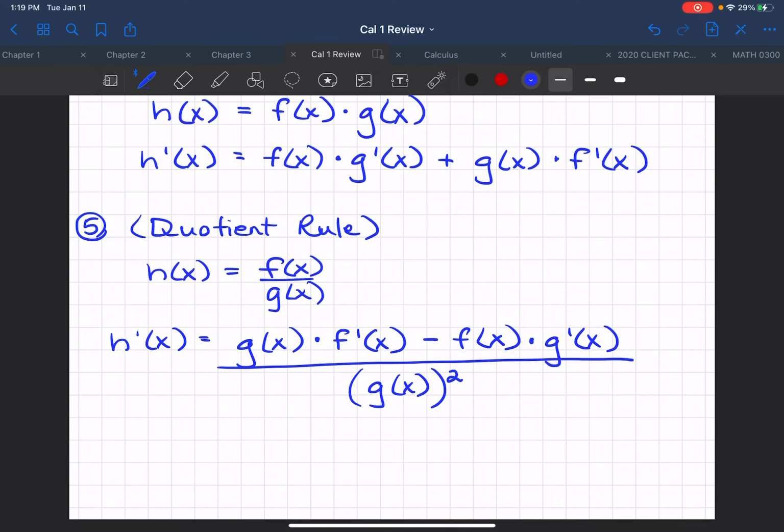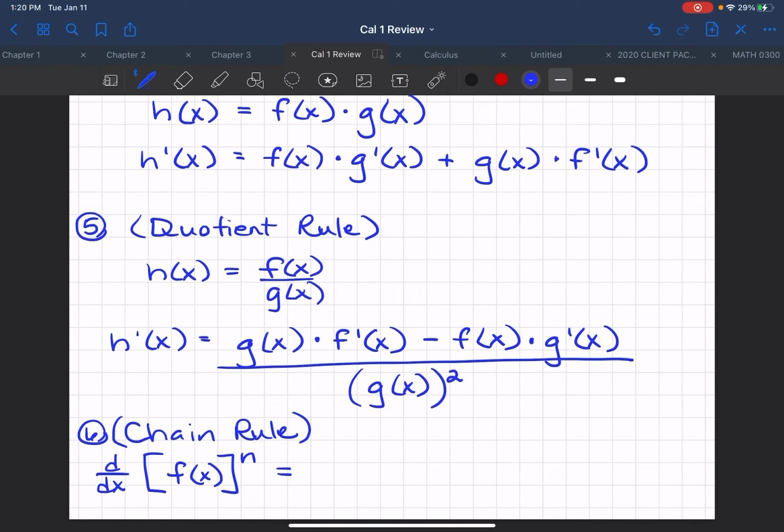Our last rule is the chain rule. And it's just, if you're taking the derivative, remember this notation, d over dx just means I'm taking the derivative of whatever's inside the brackets or parentheses.